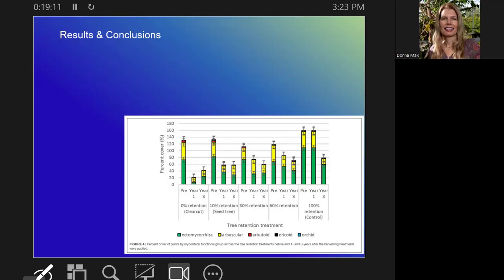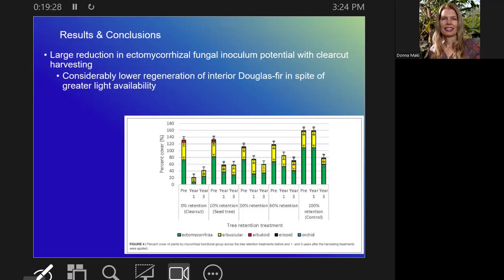So in the 10%, 30%, 60%, they were maintaining enough of the trees that had the ectos, and the other shrubs and plants that were associating with the ectos as well. So clear cut was not good for the ectomycorrhizal fungi. And even though, when you clear cut, you definitely have more light shining on that swath of land, it just wasn't conducive for getting the Douglas fir bouncing back.